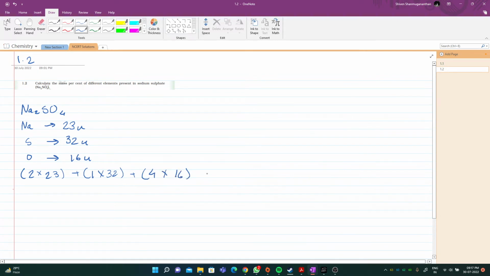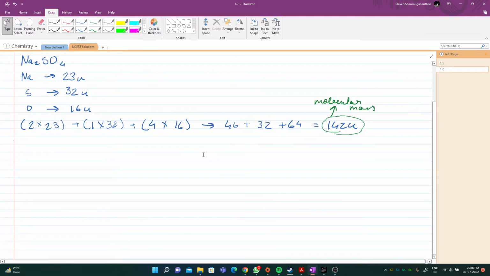So this would fetch you 46 plus 32 plus 64, which is equal to 142 U. Now this is the molecular mass. So let me just circle this. Okay, so we have to find the mass percent.